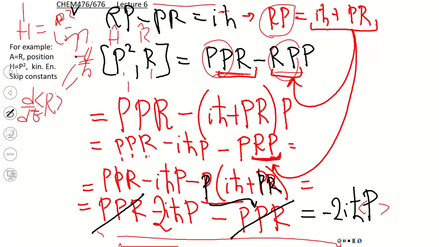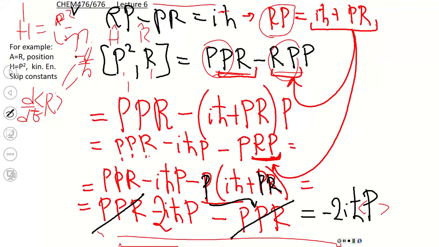So the Heisenberg equation of motion will work for any arbitrary operator. Some people use letter O for operator. But if you use letter A, you can tell that Heisenberg is haha equation. Got it.